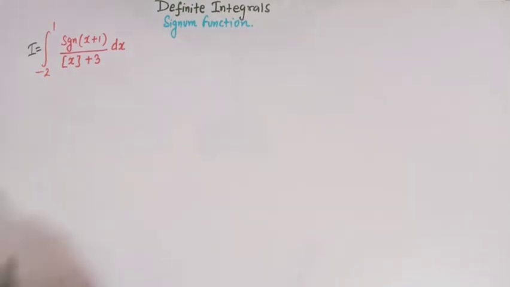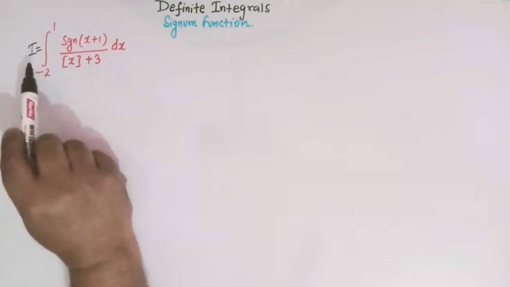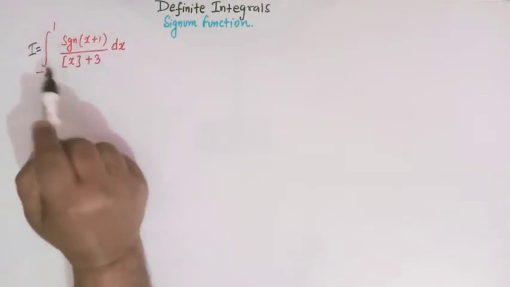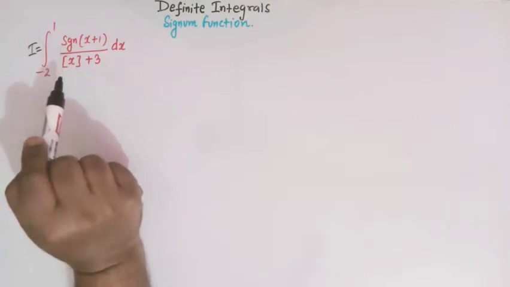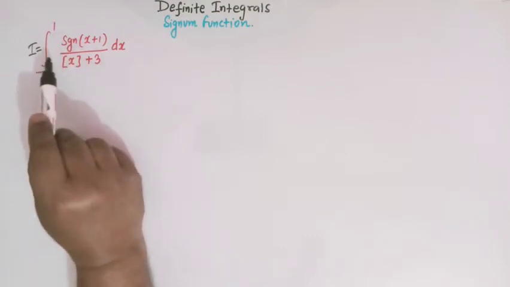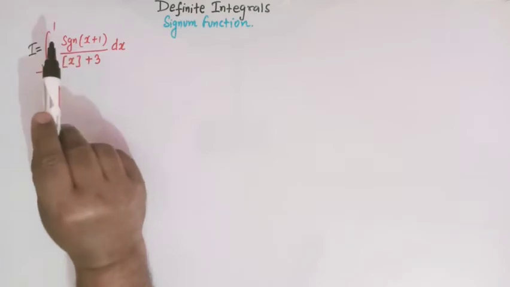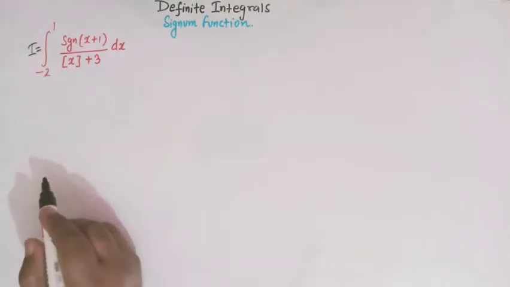So now here what we will do, we'll try to split this integral as a sum of three integrals, right? So let us see how we can do it. So let us first take the signum function, right?